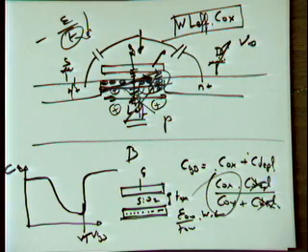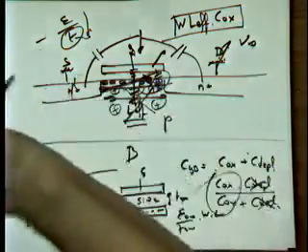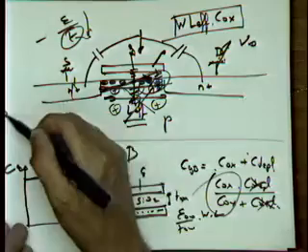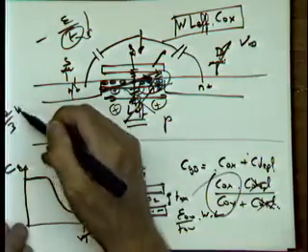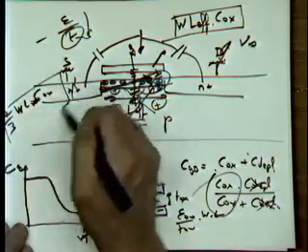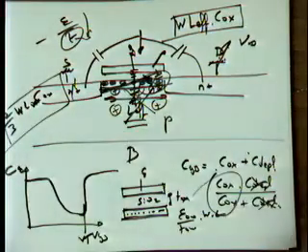And gradually but surely, more and more of the capacitance will appear at the source. But it maxes out at 2/3 times WL times Cox. And you can ask me, where's the other third? Where did that go? That's a good question.